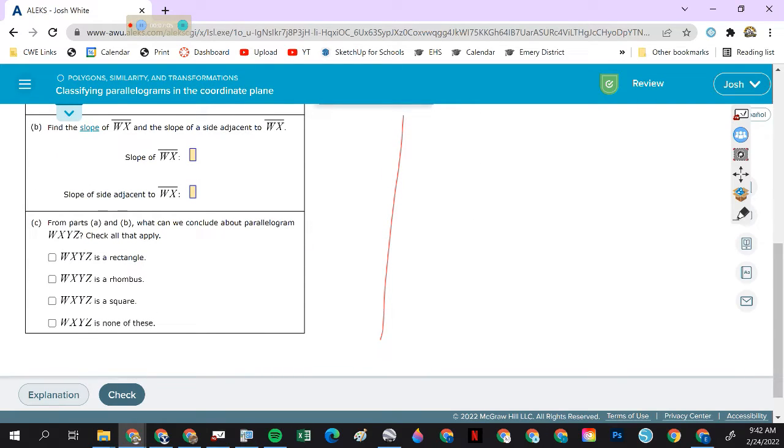So is that a rectangle? Yes. Okay. Is it a rhombus? Does it have 4 equal sides? Yes. Is it a square? Does it have 4 right angles and 4 equal sides? Yes. How do I know that the angles are right angles?